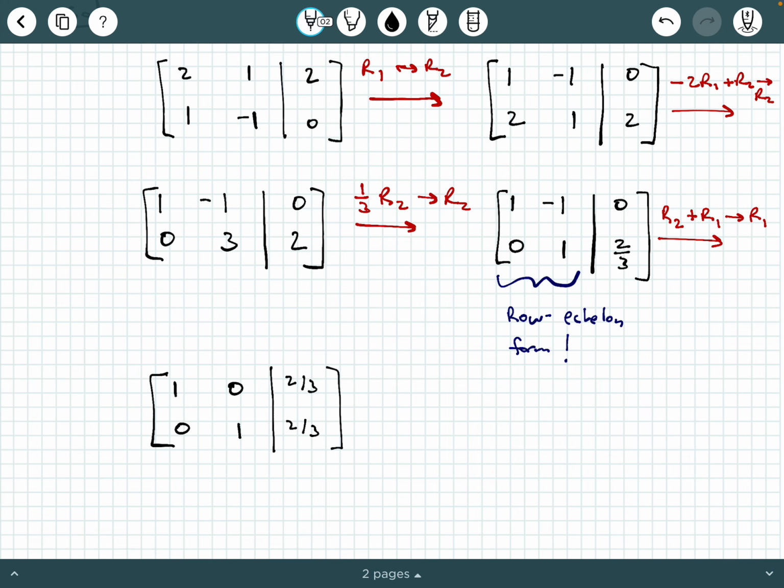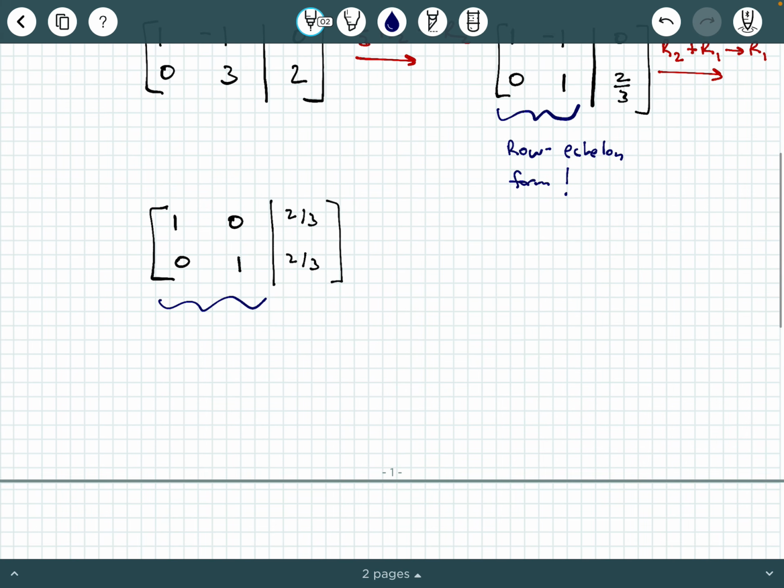Now look at what we have here. The left portion of our matrix right here is now in reduced row echelon form. This is what we wanted. And now check this out. If we put this back into equation form, what do we get?